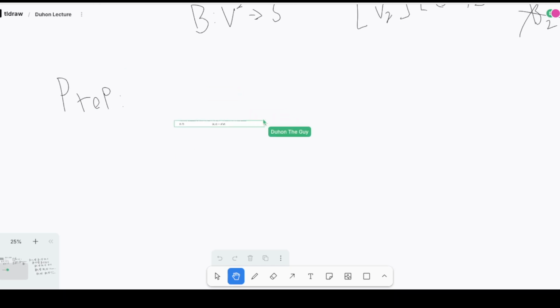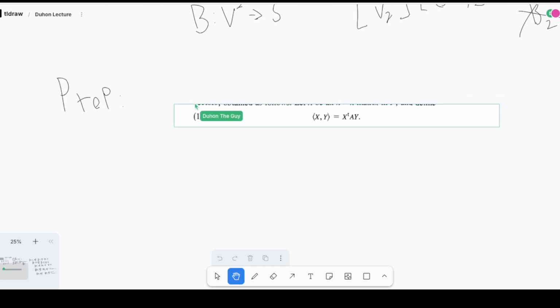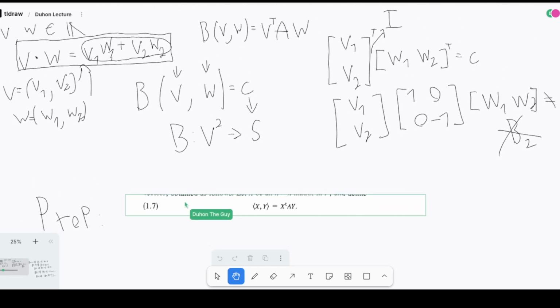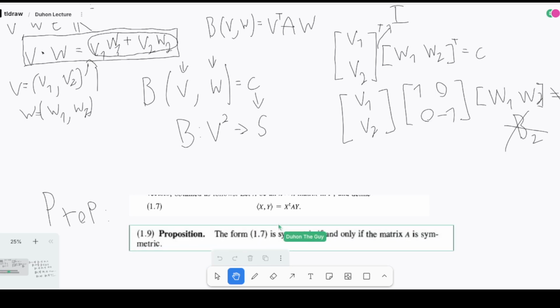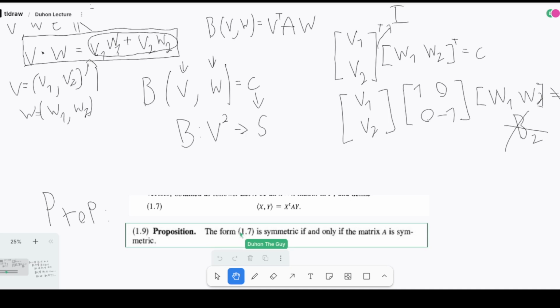Pen mode, probably. Yeah, okay. Here we go. So this is 1.7, and we're going to copy, paste, move here. This is the proposition. The form 1.7, which is this one, is symmetric if and only if the matrix A is symmetric.